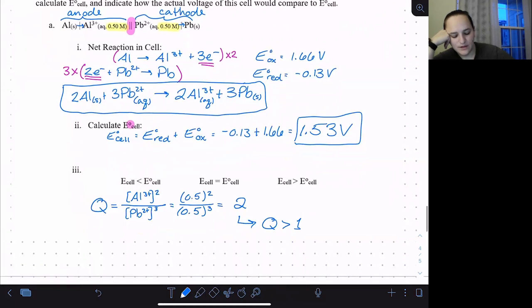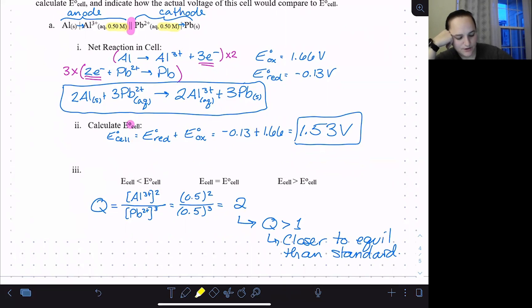So that means that we are closer to equilibrium than a standard cell, which means our cell potential is smaller.